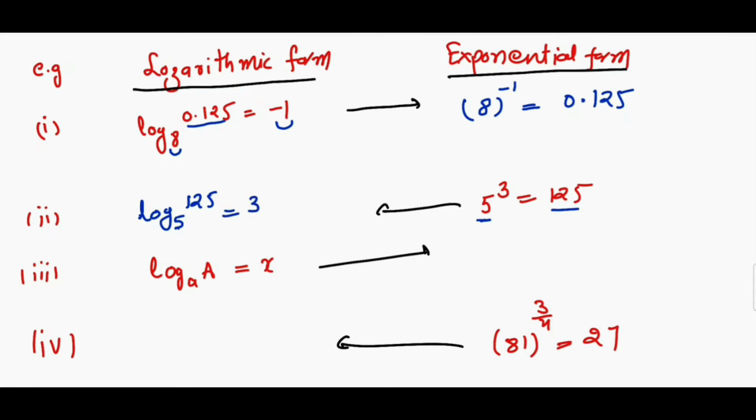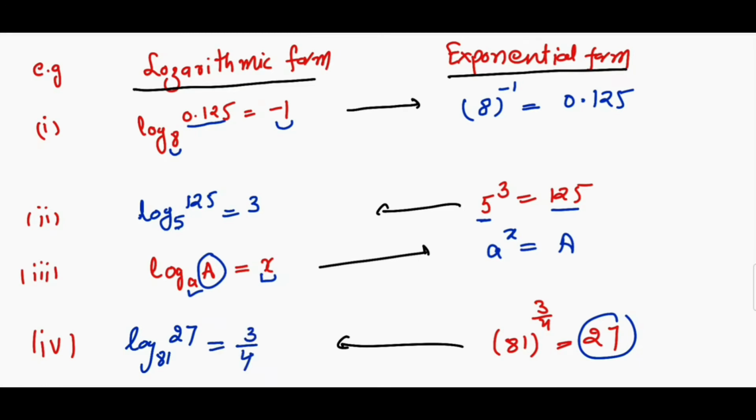And the third question, we can write this in exponential form: base a raised to power x is equal to this a. And in logarithmic form we can write this as log of 27 at base 81 is equal to 3/4.